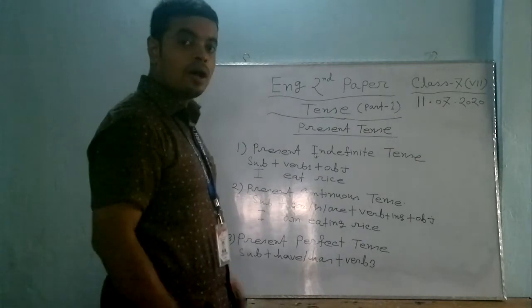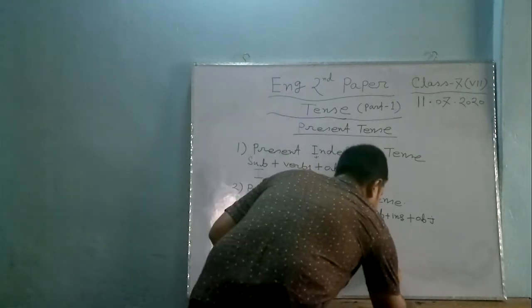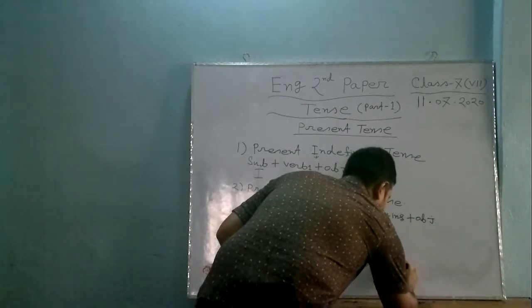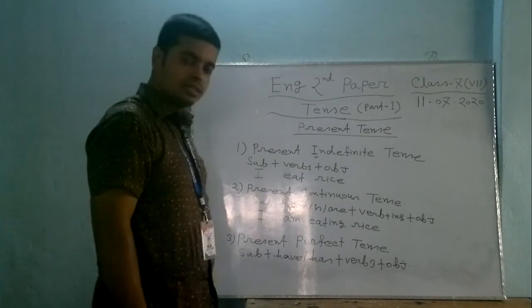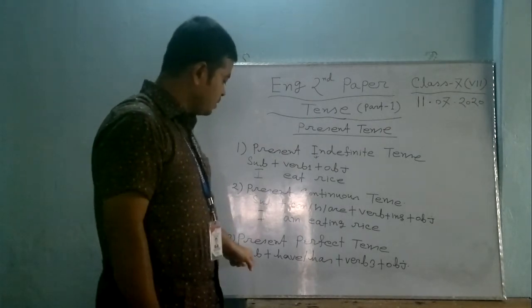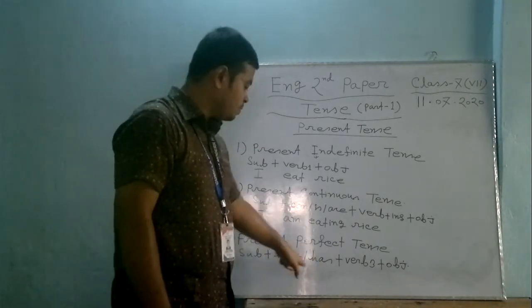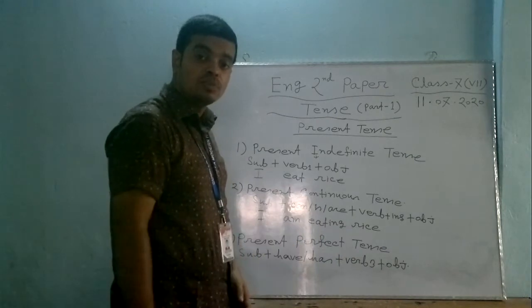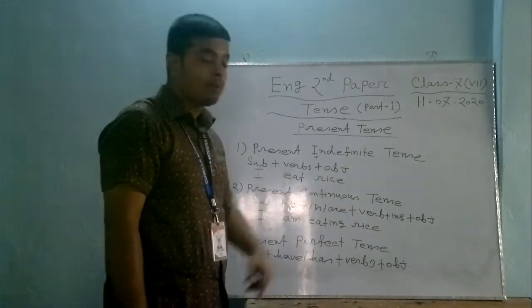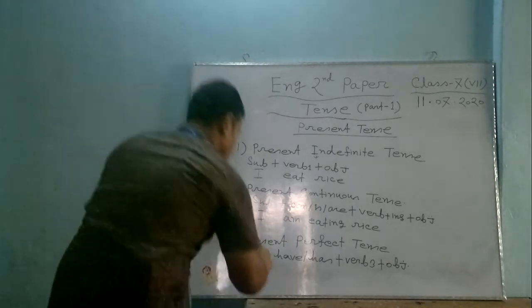Verb 3 means the past participle form of a verb, plus object. Following the structure, first is subject plus the auxiliary verb have or has, then verb 3, the past participle form of the verb, then plus object.